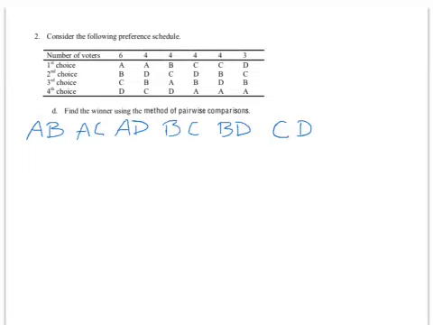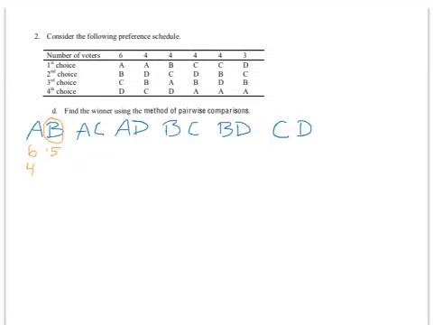So for A against B, the first column of 6 voters would definitely choose A because I have A ranked above B. So I'm going to give 6 votes to A. And then in the next column, A is ranked above B again, so I give those 4 votes to A. And then in the remaining 4 columns, in all 4 of those columns, B is ranked above A in every one of them. So I'm going to give all the remaining votes to candidate B. That is 15 votes going to candidate B. So B wins that matchup.